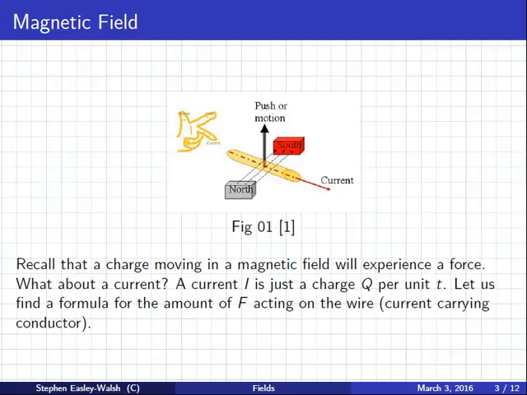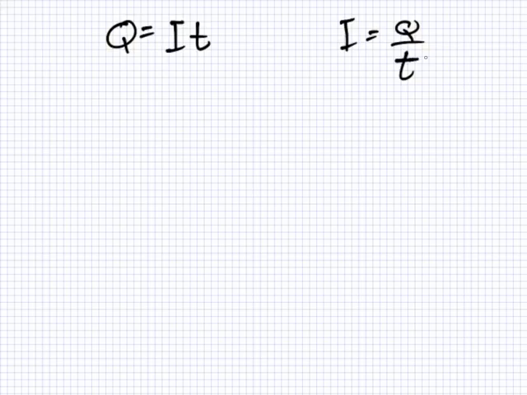So, when we have a current moving, we can use the left-hand rule as well, because a current is just a charge moving. So let's see what formula we can make. Imagine we have our current, and let's say this wire is length L. And let's say we have our magnetic field.